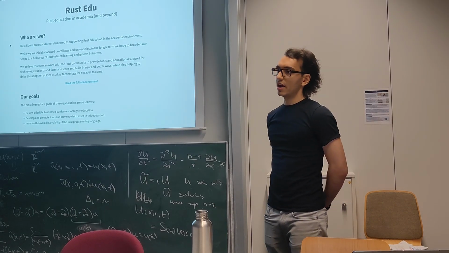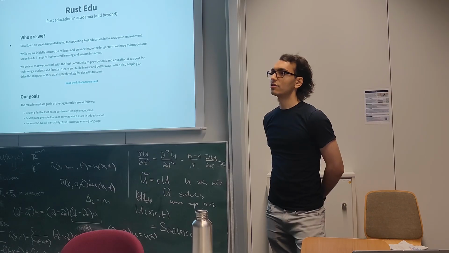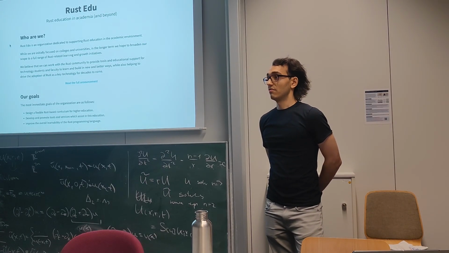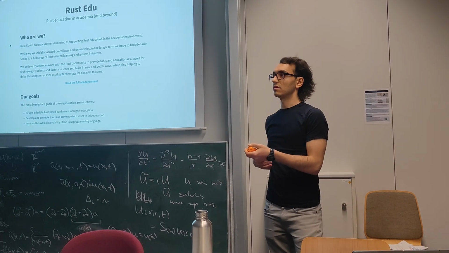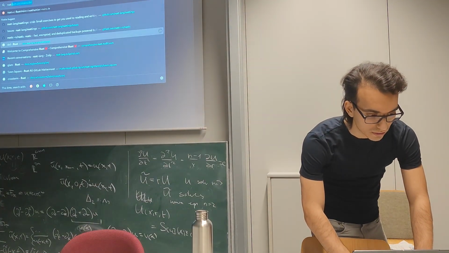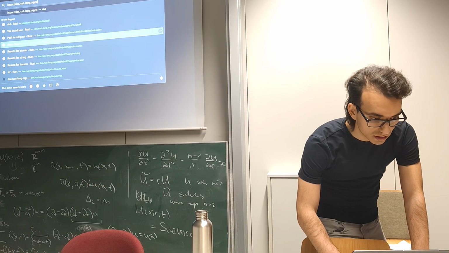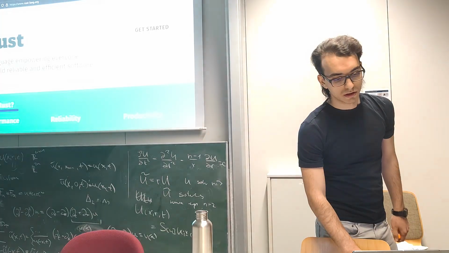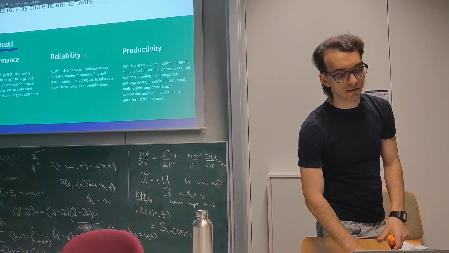I don't have experience with selling Rust to managers, but what I would definitely recommend is to avoid technical aspects and focus on the aspects that are also mentioned on the website. If I go to the Rust website, rust-lang.org, then you see here how you should be selling Rust.